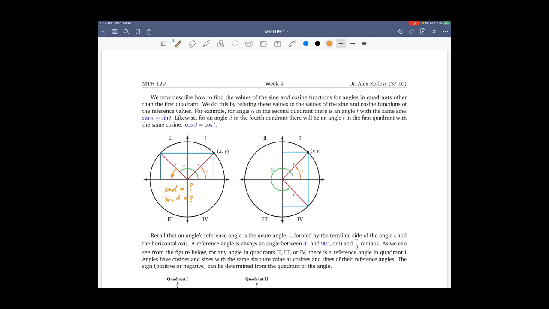Well, say this angle is t, and we immediately see that t is pi, a half revolution, minus alpha. If you add alpha and t, you get a half revolution. Therefore, t is pi minus alpha.